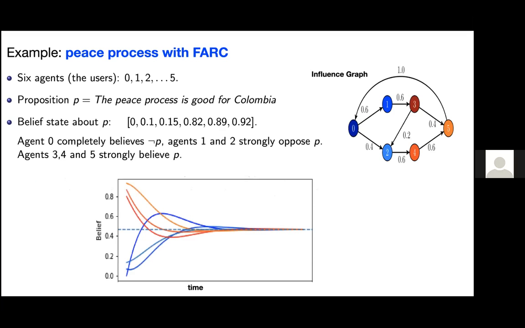And here's how it evolves in time. Time here is, I think, 50 units. As you can see, we started with different, polarized positions. And after a certain time, they actually reached consensus. That means their opinions became similar at some point. And that has to do with this influence graph and the updates that we have.